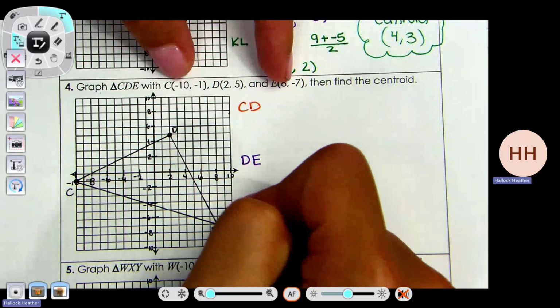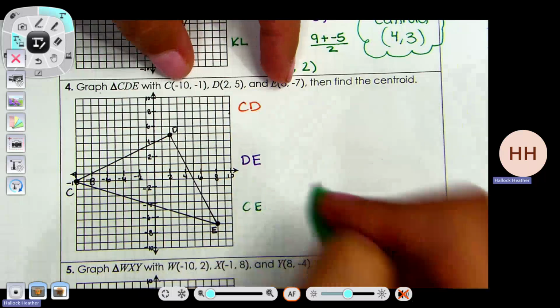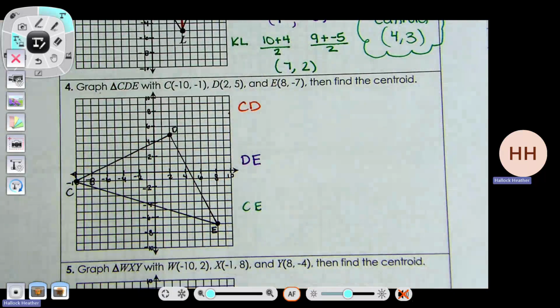So take a minute. When you find the midpoint, it should realistically fall on the triangle, but you just drew a triangle, so it might be just a little off. That's okay. So see if you can find the midpoints.